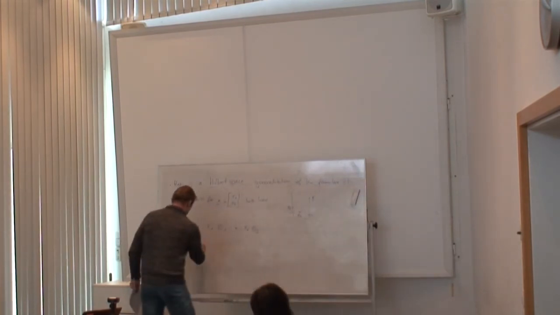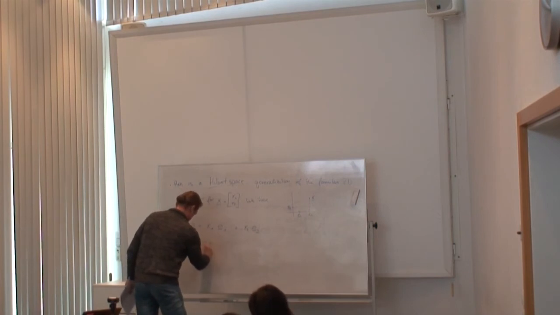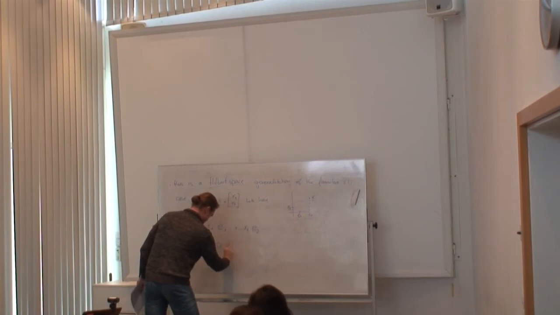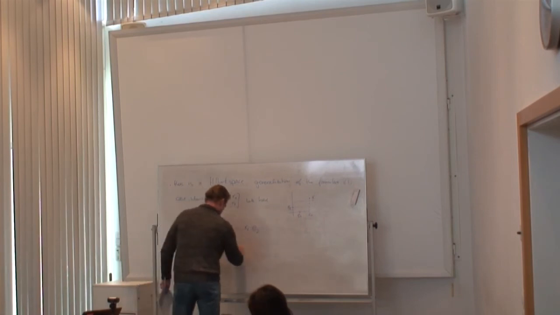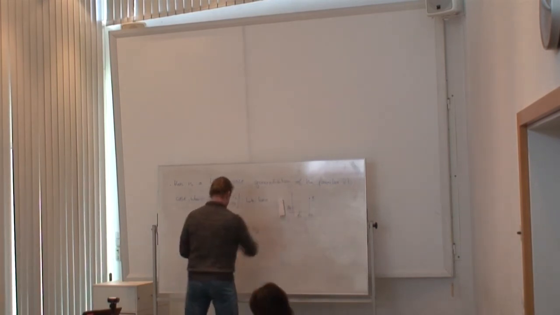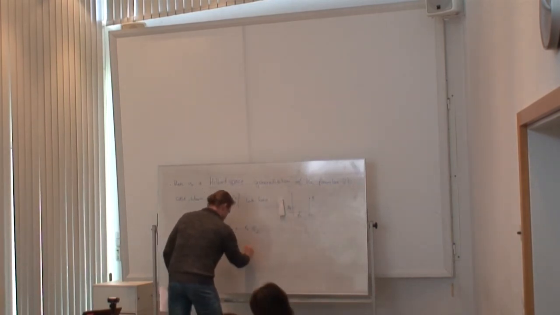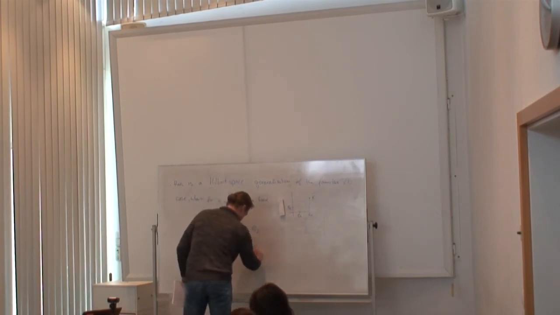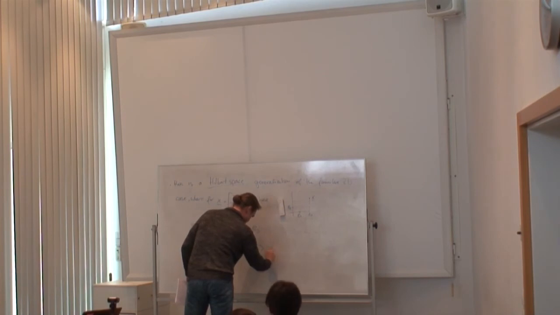So this is the same as the inner product of x and e1 times e1 plus the inner product of x and e2 times e2.